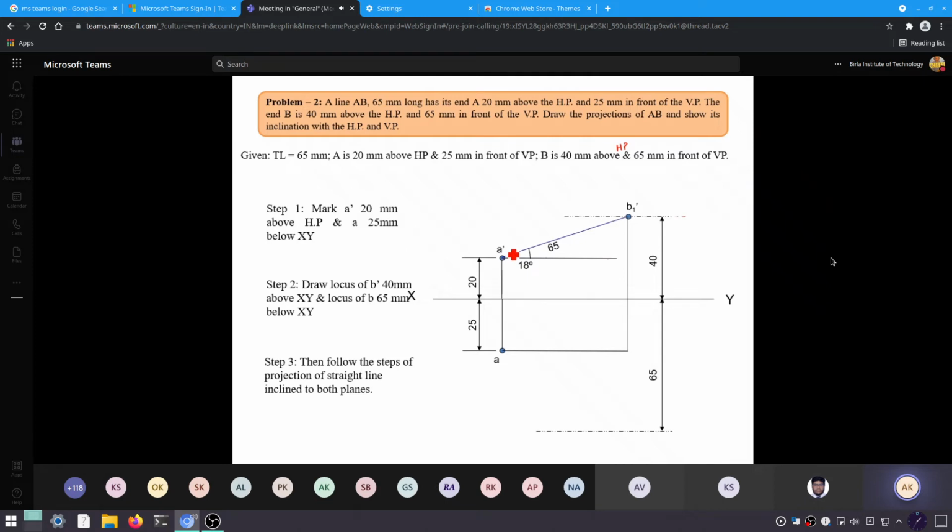Either you drop it on the A dash locus or the A locus, both are the same thing. We'll get the length of the top view. Then you open your compass and make an arc over this line, that is the locus of point B. So you got the top view.